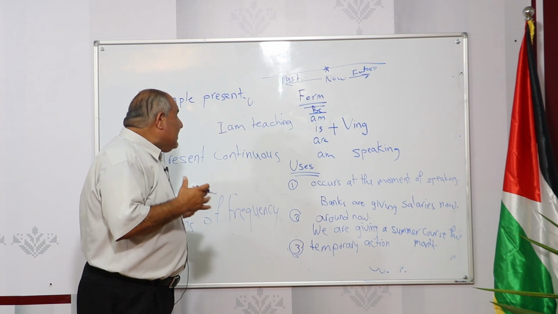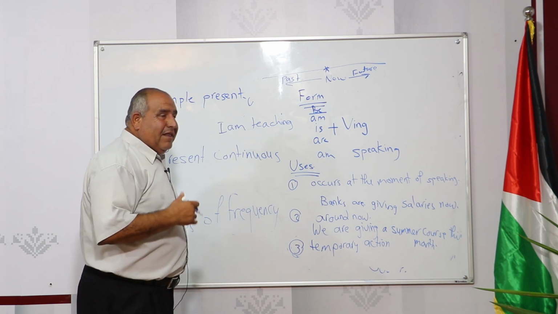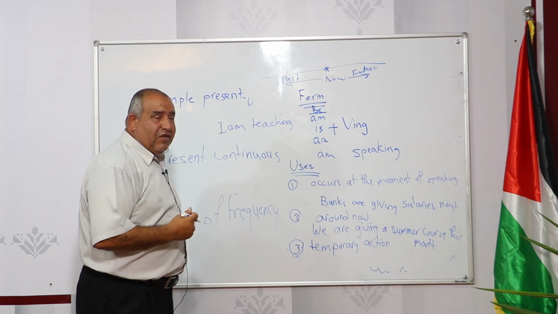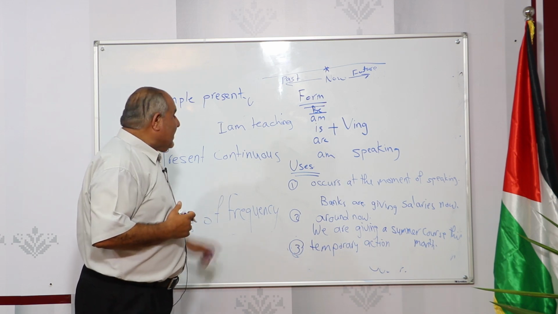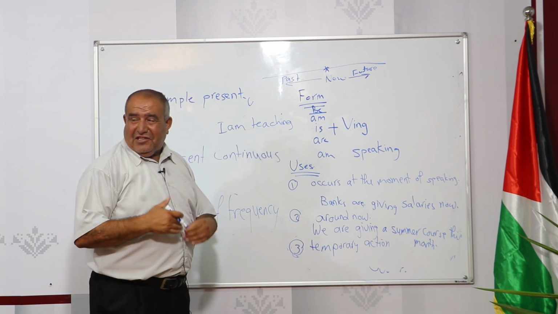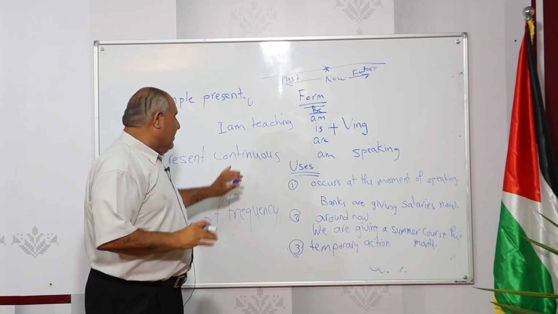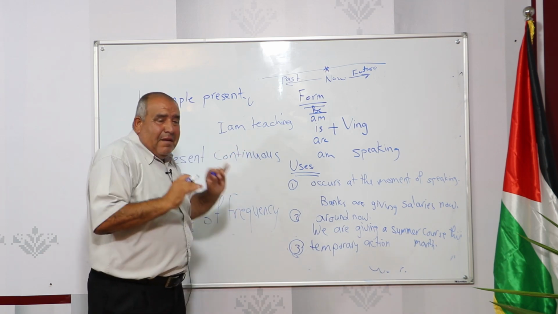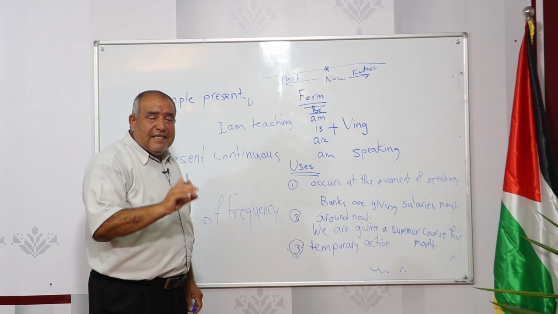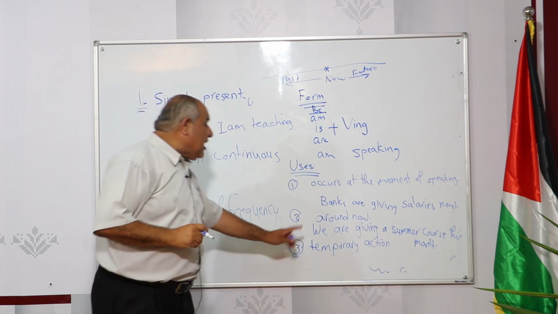Now, what is the verb which is permanent? The verb which is permanent, that happens over a very long period of time, is teaches. We say the teacher teaches English. It means I teach today, tomorrow, and after that. Now, this is permanent. But when I say temporary, it means it occurs at this moment, for a very short period of time. So this is temporary.